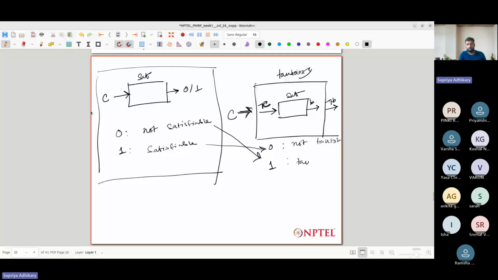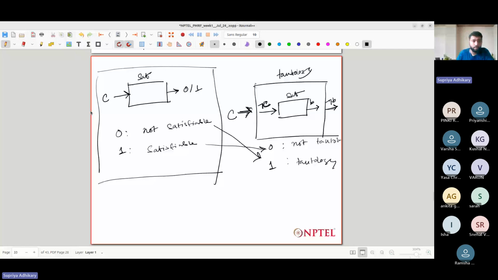So whatever the output of the SAT algorithm is, we should negate it, and that negation should be the output of this tautology algorithm to decide whether it is valid or not. So this is how we can use the algorithm that solves the SAT problem to decide whether a proposition is valid or not. Now let's go to the next problem.